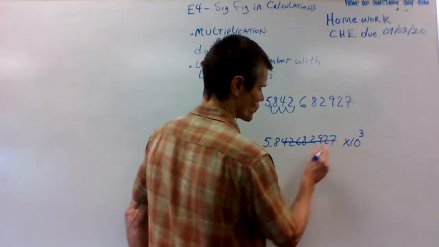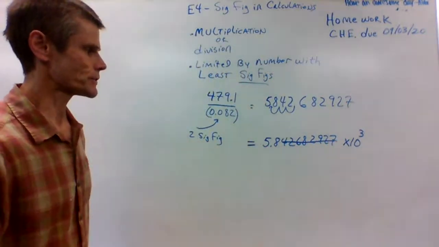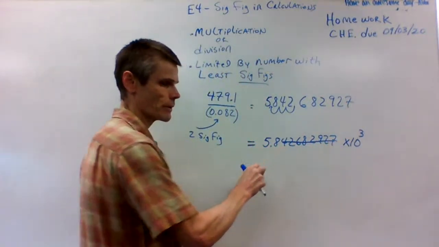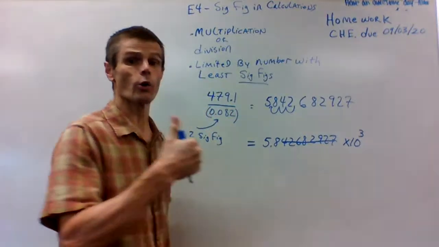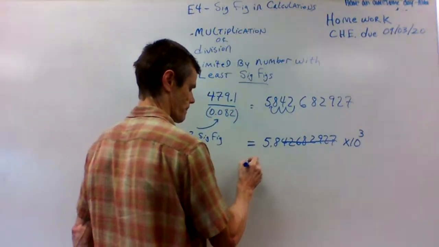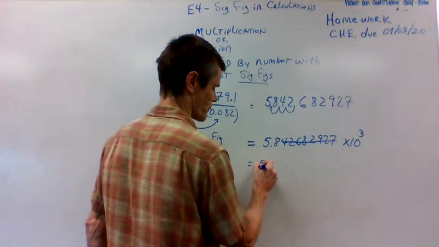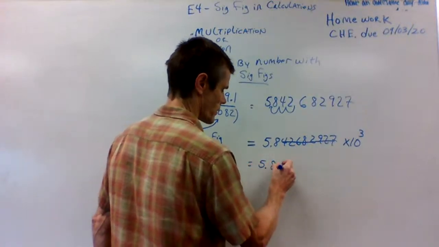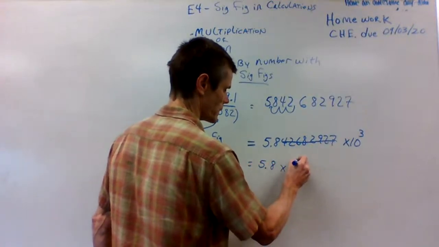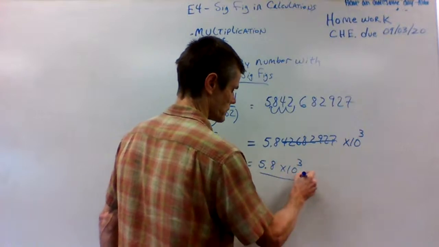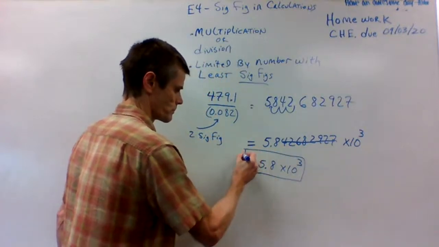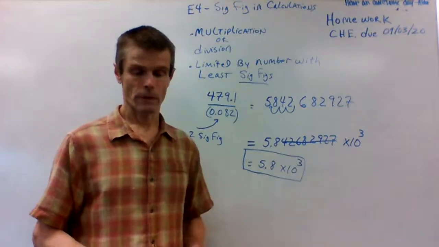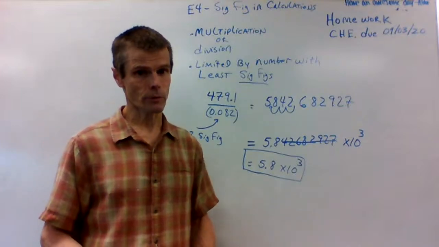These numbers we're not going to use. And since the last number that we're dropping is less than 5, we're not going to round up. Our answer would be 5.8 times 10 to the third. Good so far? Doing good?